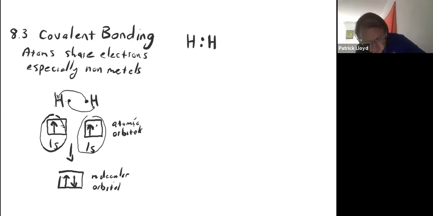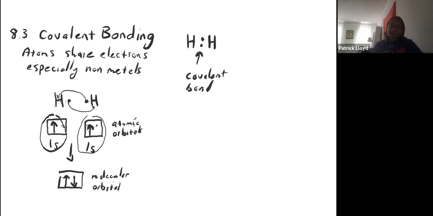We now have 2 electrons that are interacting with both atoms, with both nuclei, and we're going to call that a covalent bond. Okay, so covalent bonding is a quantum mechanical phenomenon in that these waves will interact with each other.